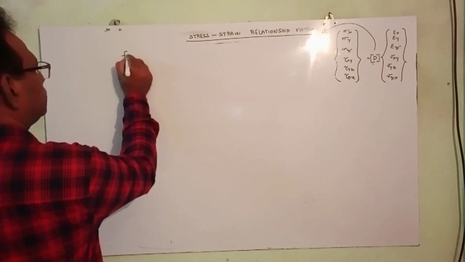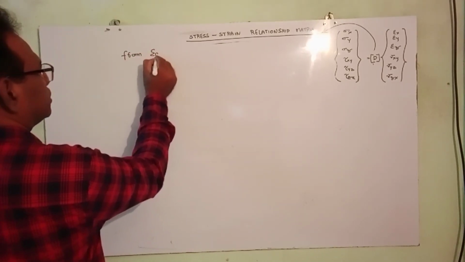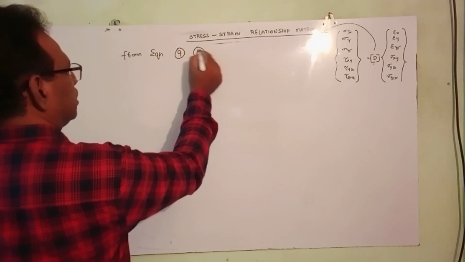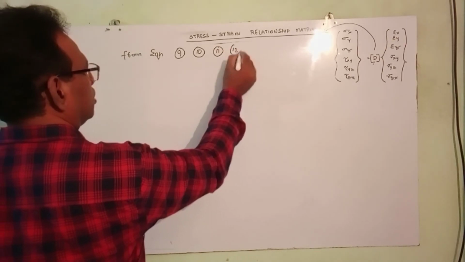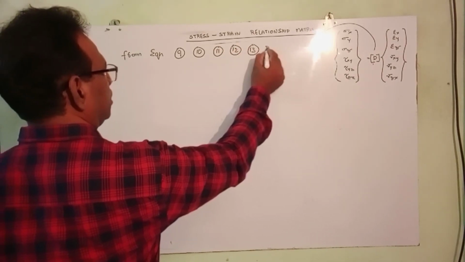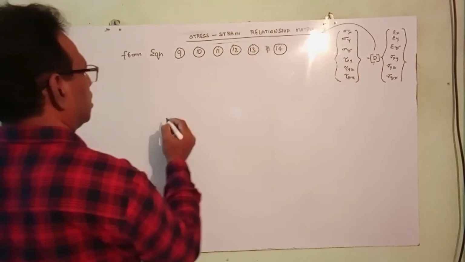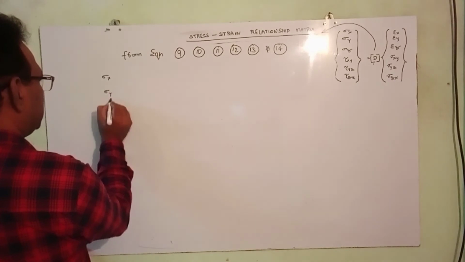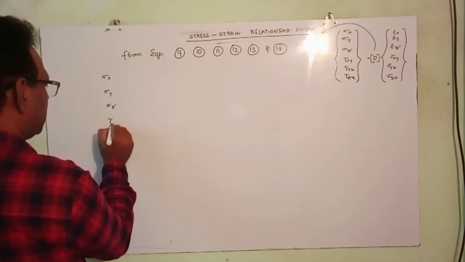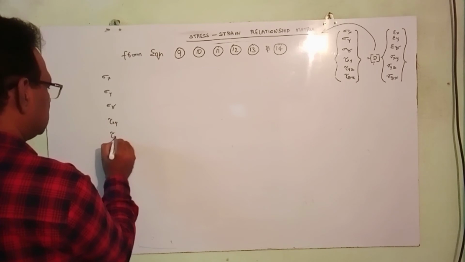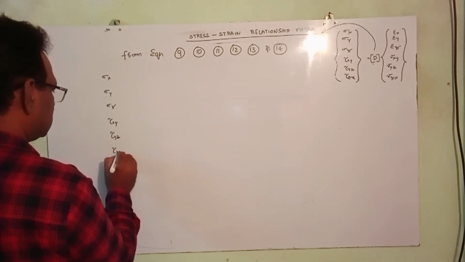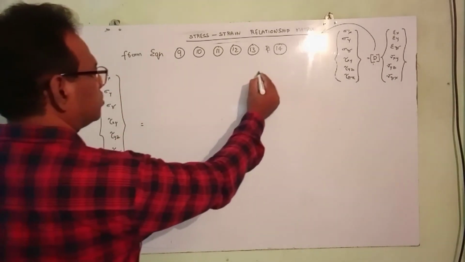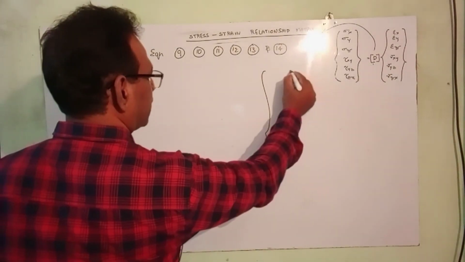From equations number 9, 10, 11, 12, 13 and 14, writing in the matrix form: sigma x, sigma y, sigma z, tau xy, tau yz, tau zx, which is equal to some matrix.